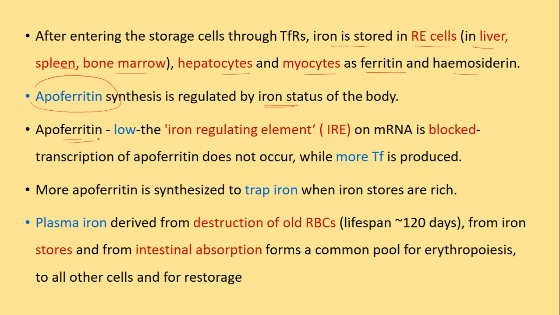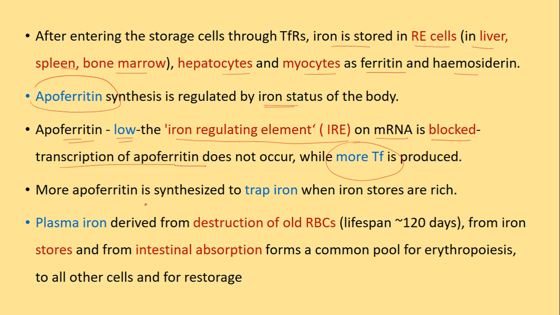If the apoferritin levels are low, there is an iron regulating element which is present on the mRNA. It will be blocked. So therefore transcription of apoferritin does not occur, while more transferrin will be produced.